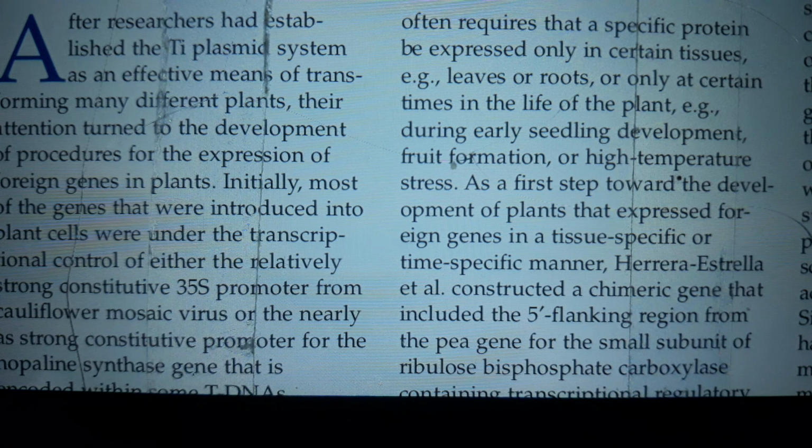After researchers had established the Ti plasmid system as an effective means of transforming many different plants, their attention turned to the development of procedures for the expression of foreign genes in plants.